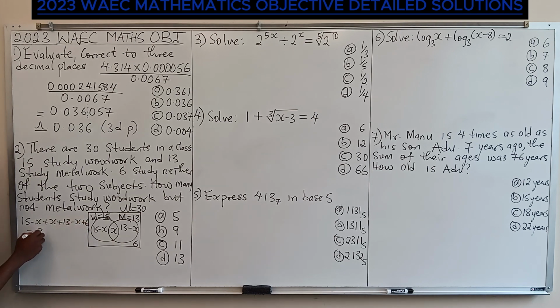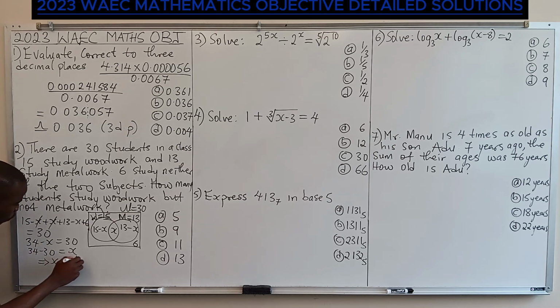This should give 30. 15 plus 13 is 28, and 28 plus 6 is 34. So we'll have 34 minus 2X equals 30. So subtract 30 from both sides and add 2X to both sides. We'll have 34 minus 30 equals 2X. 34 minus 30 implies that X equals 2.